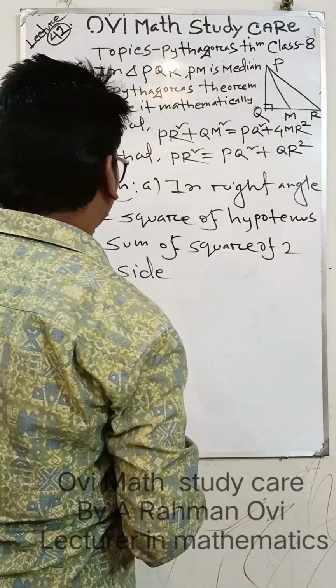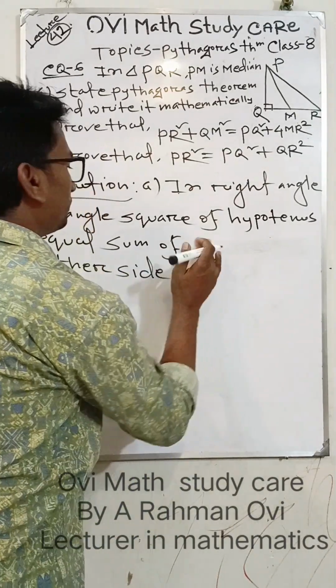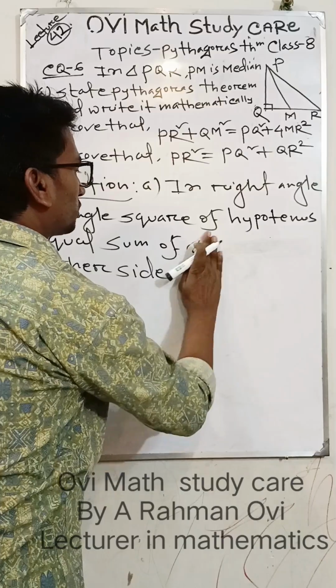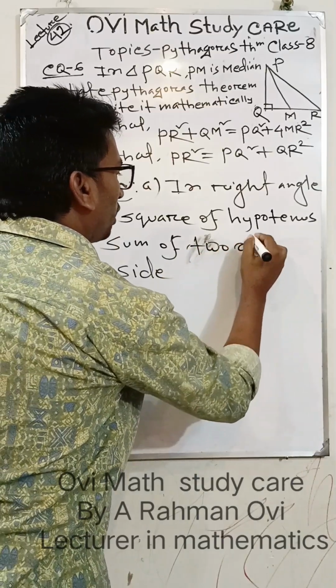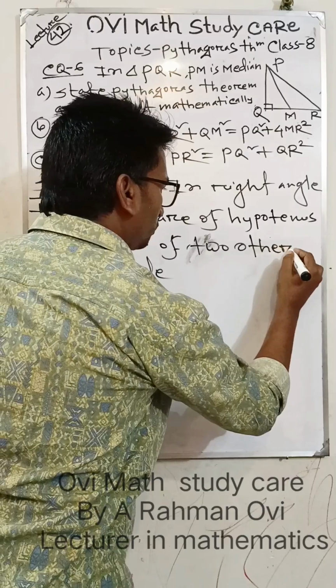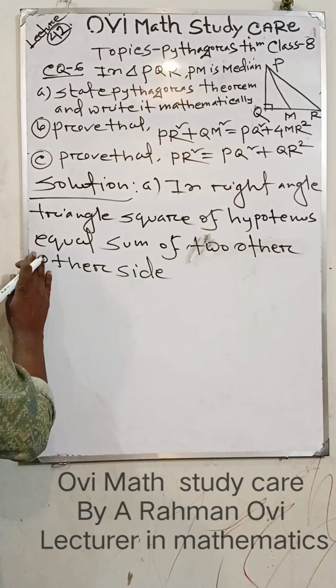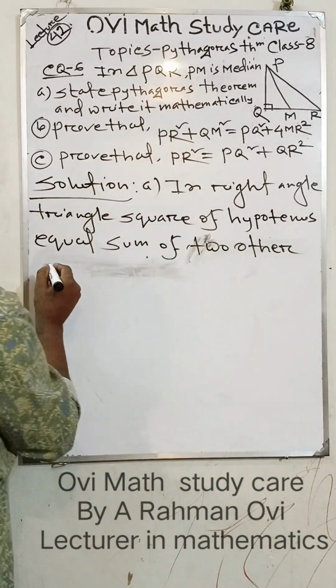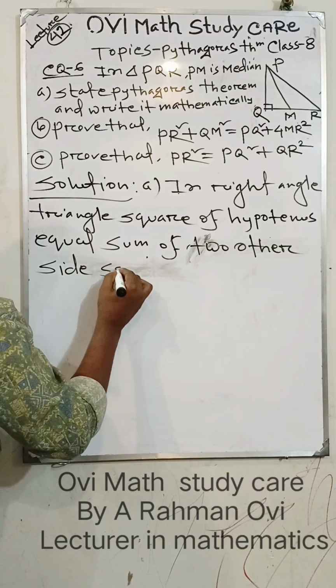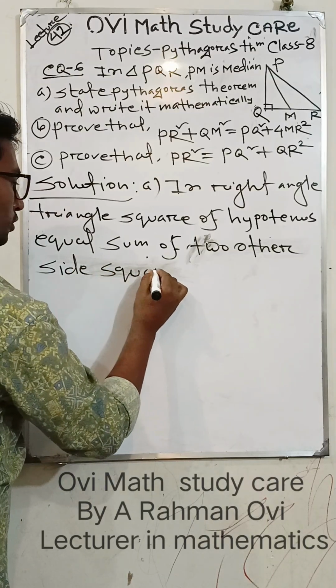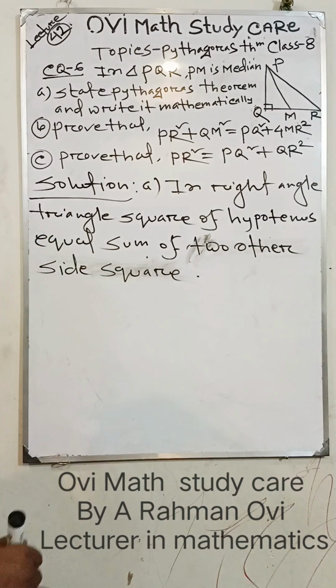Sum of two other sides square. This is the Pythagoras theorem.